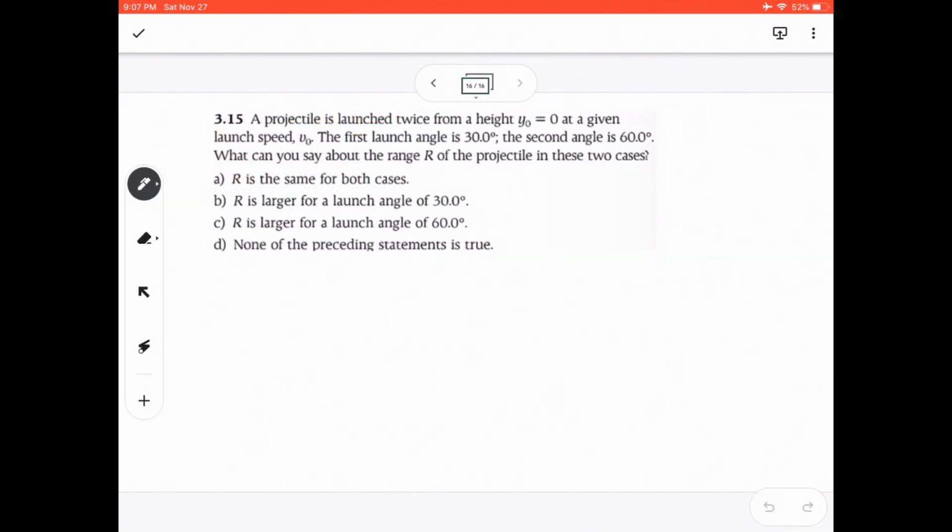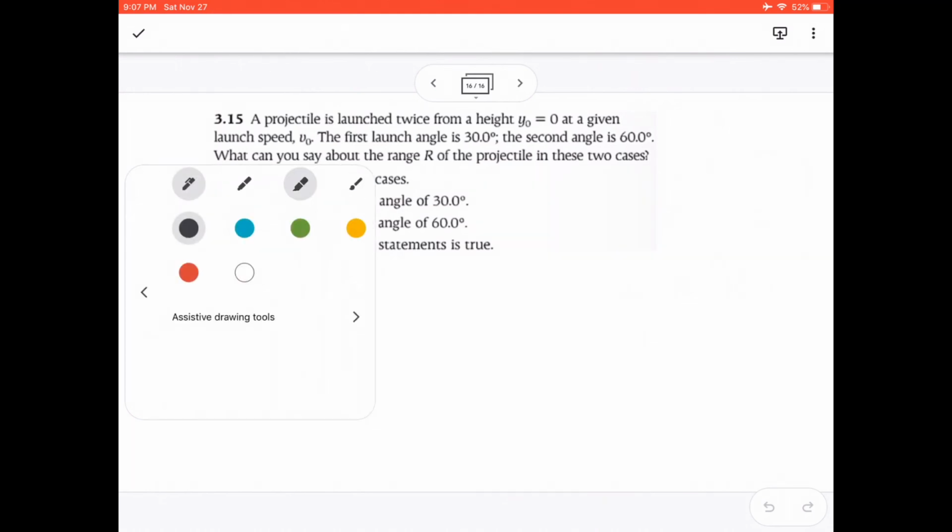Question 15. A projectile is launched twice from a height Y0 equal to 0 at the given launch speed V0. The first launch angle is 30 degrees and the second launch angle is 60 degrees. What can you say about the range of the projectile in these two cases? I have discussed this already in one of the slides.